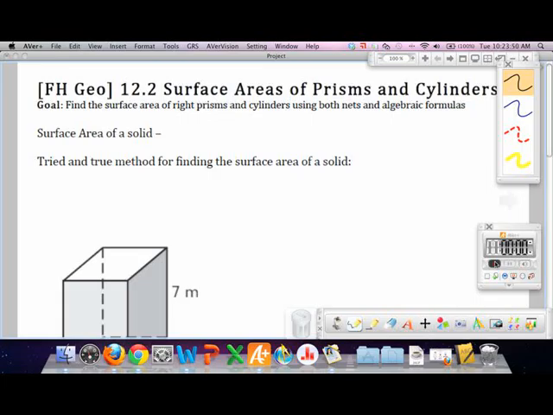We're going to look at section 12.2 today, which is our first introduction to surface area. And we're going to kind of do it in the context of the sum of the areas of the faces.